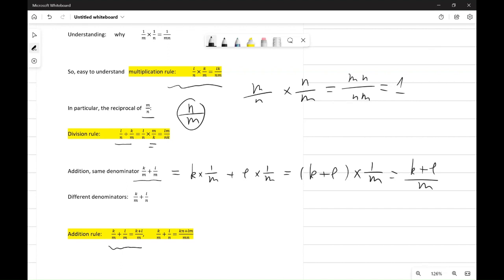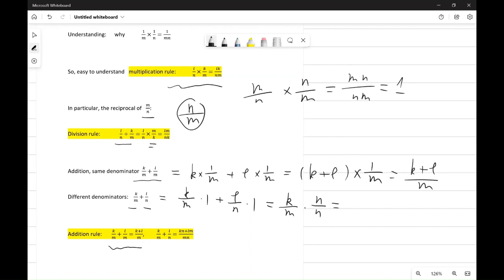Now, suppose two fractions have different denominators. Here, we have k over m plus l over n. The way to do that is the following. We write k over m as k over m multiplied by 1, and l over n as l over n multiplied by 1 also. The first one, k over m, we can write as multiplied by n divided by n.